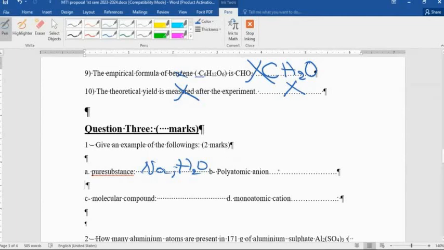Now ask me here, polyatomic anion. Polyatomic anion means an anion that is formed of more than 1 atom. It will be simple. Why? Our friends in the practical, carbonate and hydrogen carbonate.